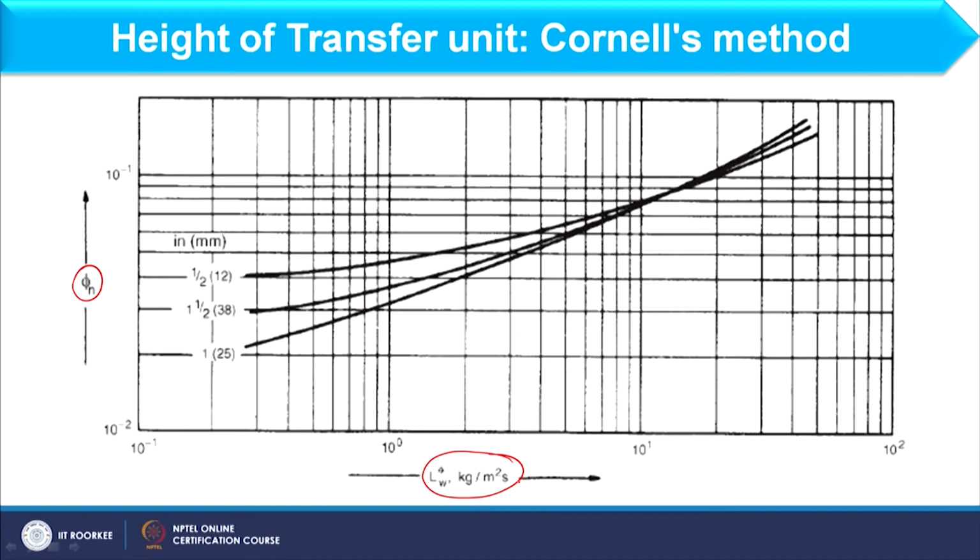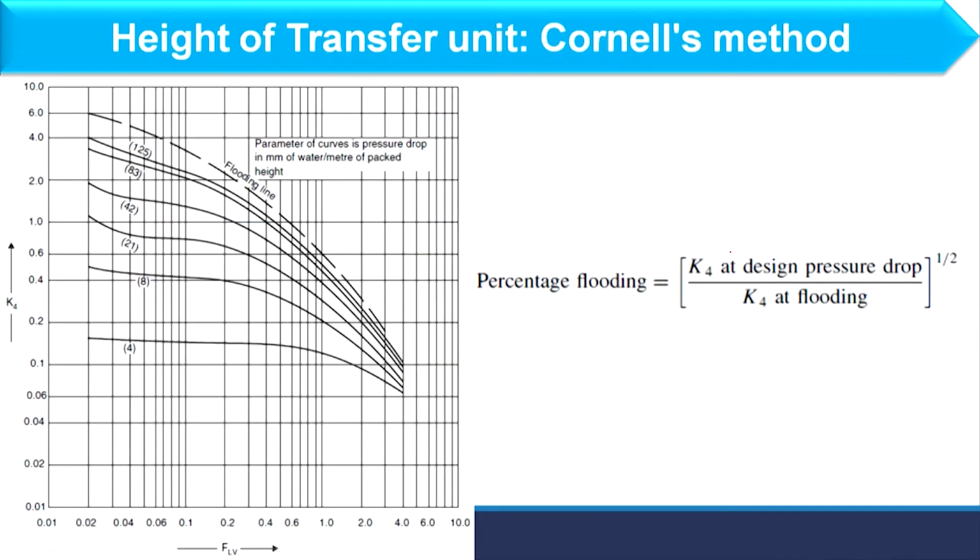Depending upon the size of the bulk saddle you can find the value of this parameter. In this way you can obtain K3, phi h and psi h values, but that again requires a parameter that we consider as the percentage flooding. Percentage flooding you can obtain by this expression and this graph. Here, we can find out the K4 parameter at design pressure.